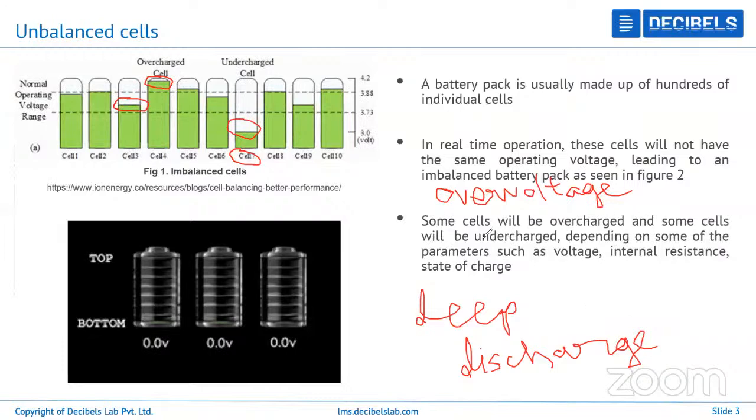This can cause many dangerous situations like gassing. Gassing is where excessive chemical reactions start to occur and release some pretty toxic gases from the cell. It can start to heat up the cell, and then eventually the cell can undergo thermal runaway.